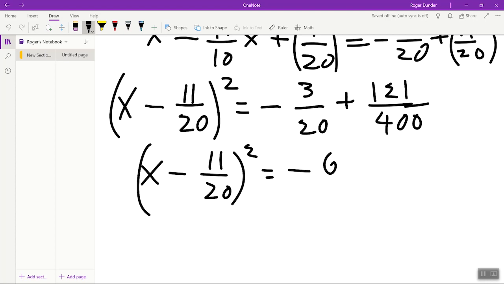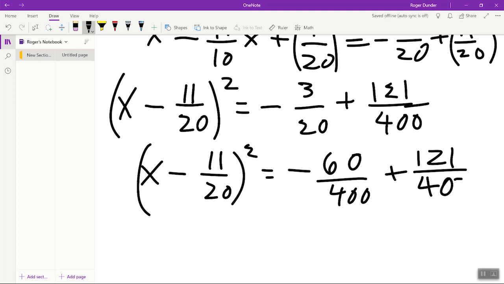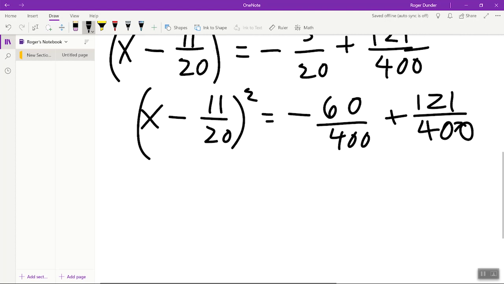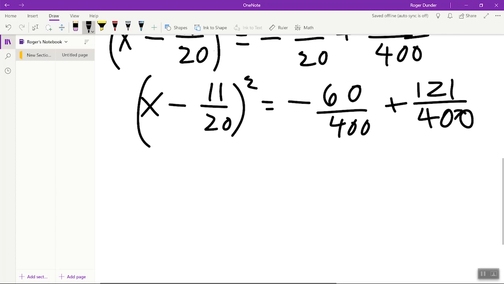So this is going to be minus 60 over 400 plus 121 over 400. So negative 60 plus 121 is 61, isn't it?